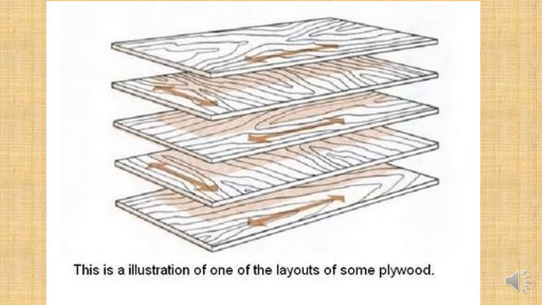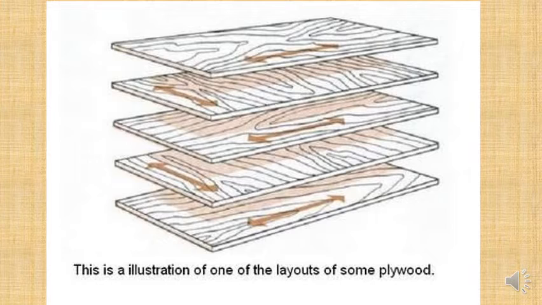So this is a picture of the different veneers being stuck together. This is plywood, and you can see that there's 5 veneers there that are going to be stuck together with a glue to form the plywood. And do you notice something? The grain of the wood in the veneers goes in opposite directions. Why is that?